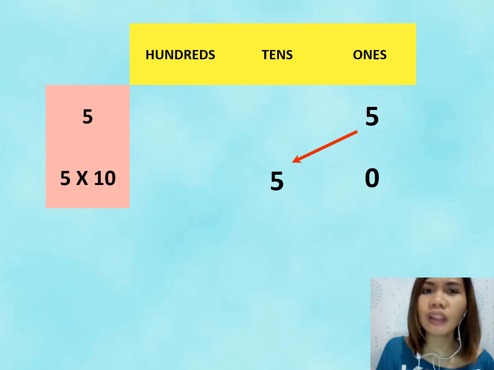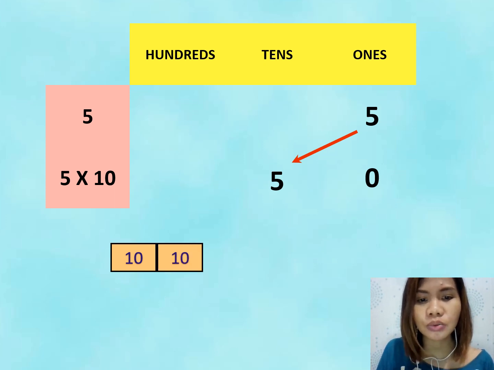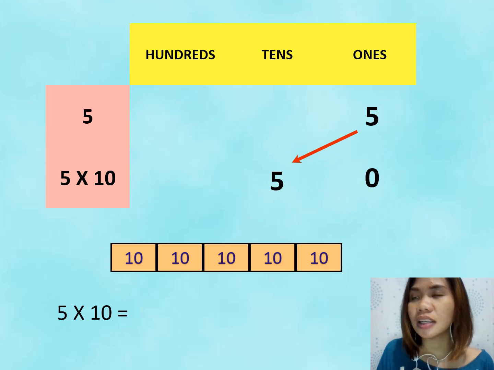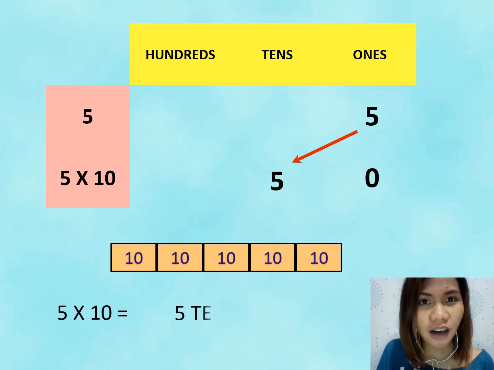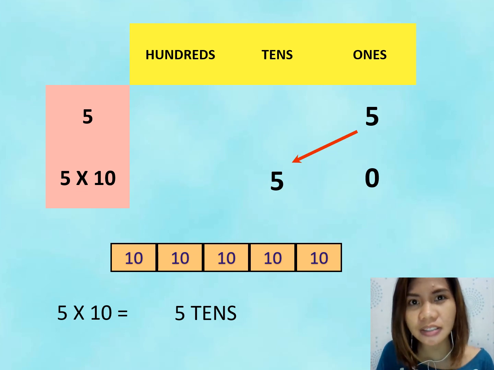In real life, if you have 5 groups of 10, you will have 1 ten, 2 tens, 3 tens, 4 tens, 5 tens. So 5 times 10 is 5 tens.